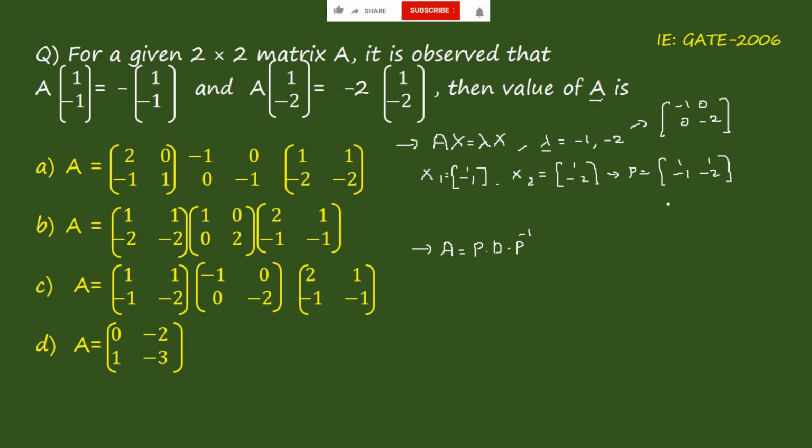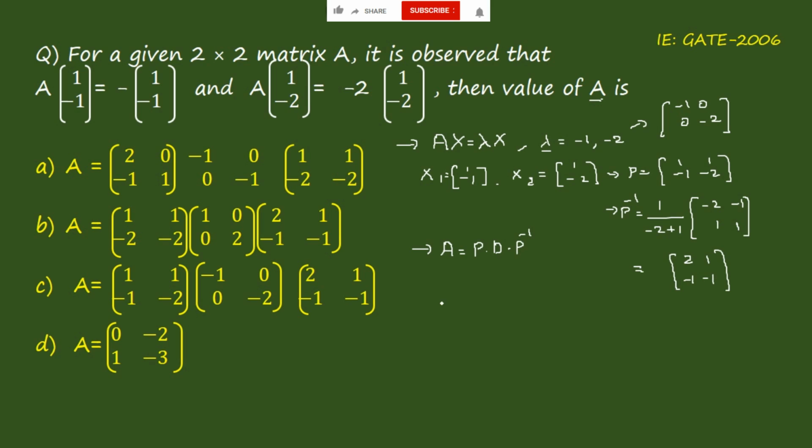Now we have to find P inverse, which is for a 2 cross 2 matrix 1 by (minus 2 plus 1) into minus 2, minus 1, 1, 1. Just multiply it and we get 2, 1, minus 1, minus 1.